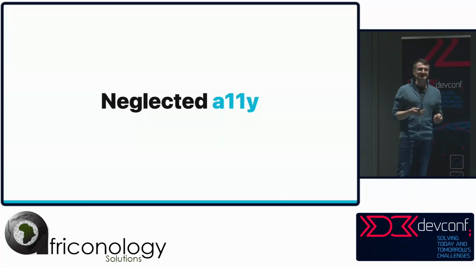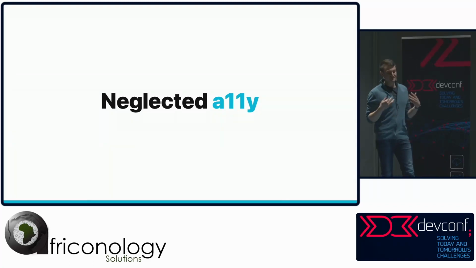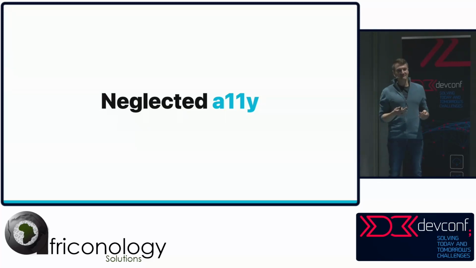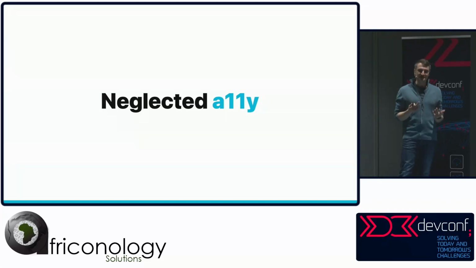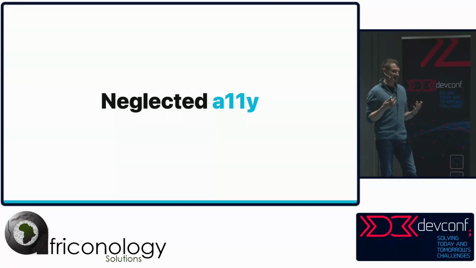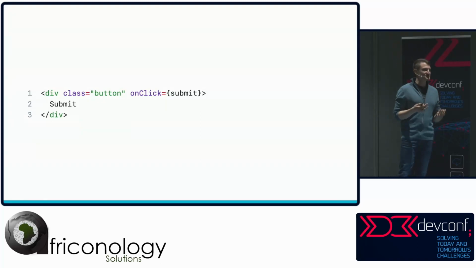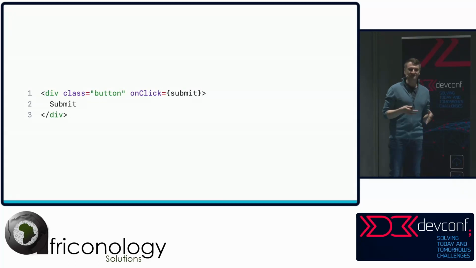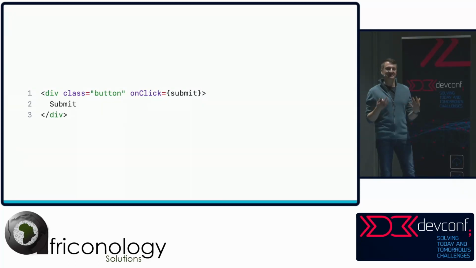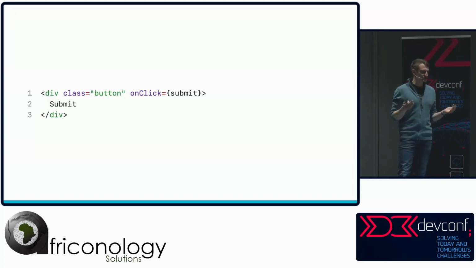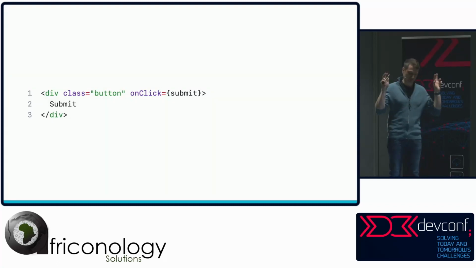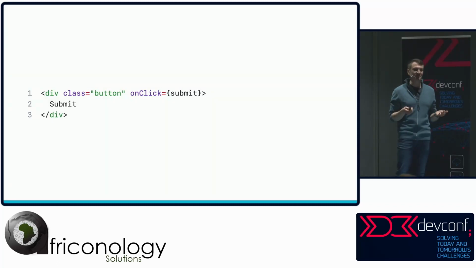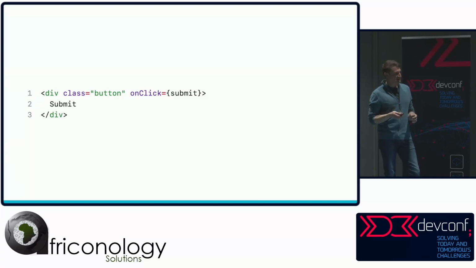One of them is that we tend to neglect accessibility, because by building JavaScript-heavy client-side applications, it's very easy to do stuff like using a div instead of a button element, for example, for something that should be clickable. Because when using JavaScript, we can simply slap an on-click event handler on it, and it kind of works, but only for people using a mouse, not for people using a keyboard, for example.